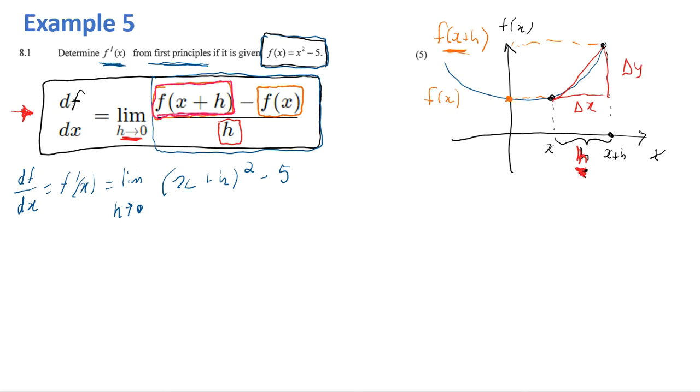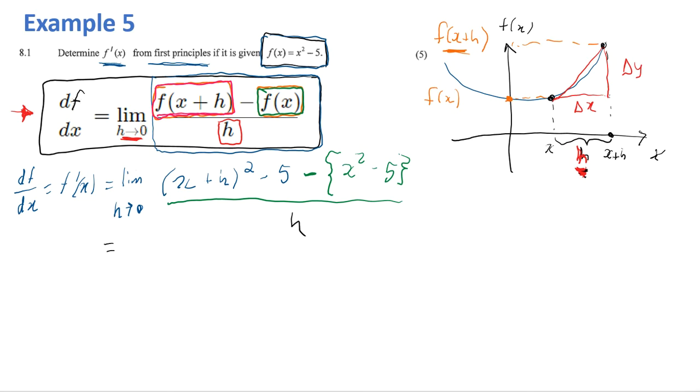Okay, next we have to minus, and now we're going to apply this part of the equation. Okay, so that's just minus x squared minus 5. Okay, and we're going to divide it still by h.